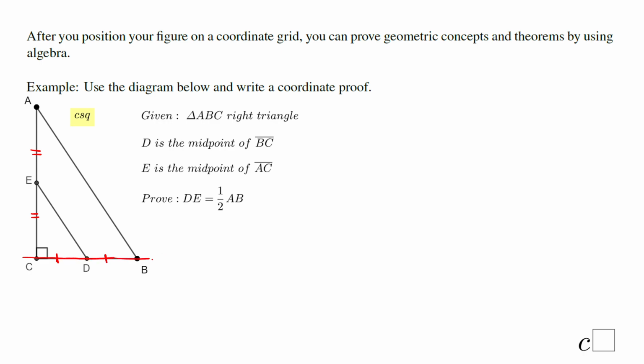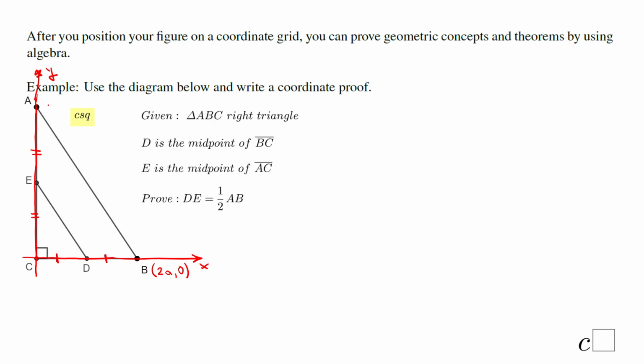So this is the x-axis, this is the y-axis. Okay, now to make the computation easy, I'm going to call this point B here 2A, and obviously it's 0, the y-coordinate, because this point is on the x-axis.